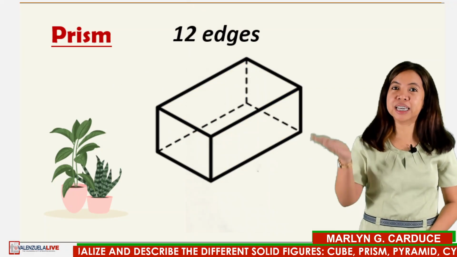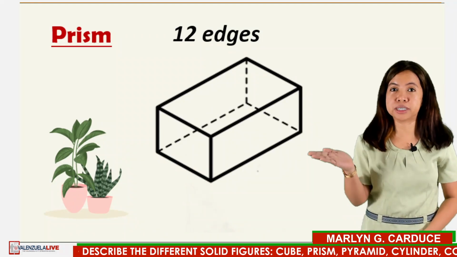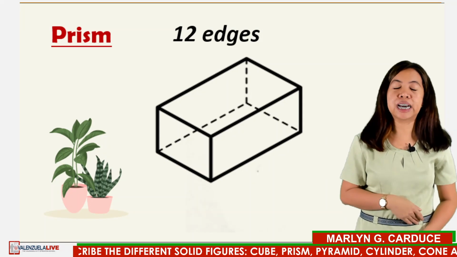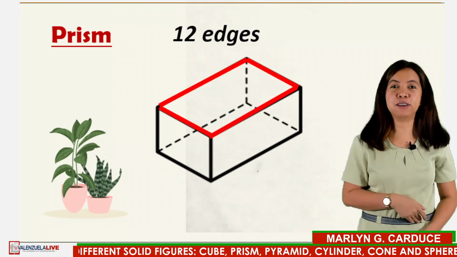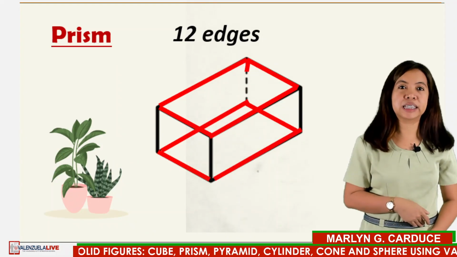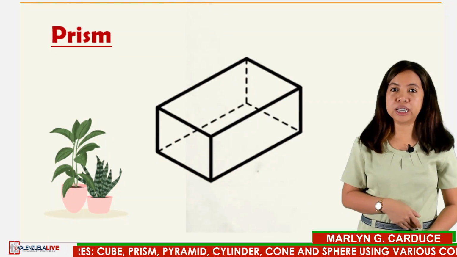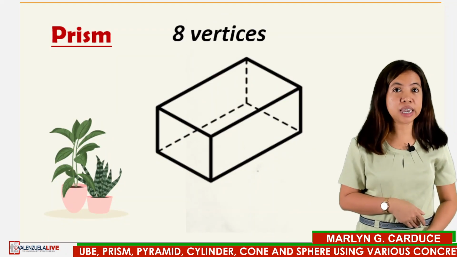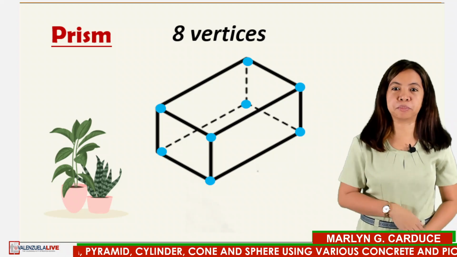But before that, let's first discuss the number of edges and vertices of this prism. This prism has a total of 12 edges: 1, 2, 3, 4, 5, 6, 7, 8, 9, 10, 11, and 12. And it also has a total of 8 vertices, 4 at the top and 4 at the bottom.